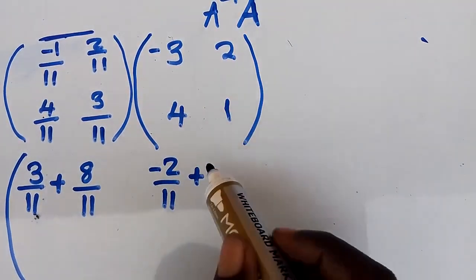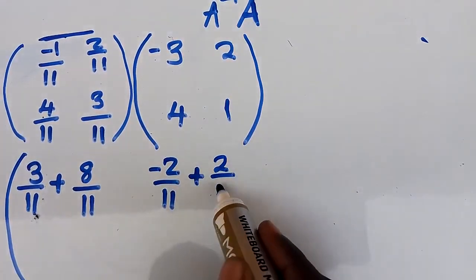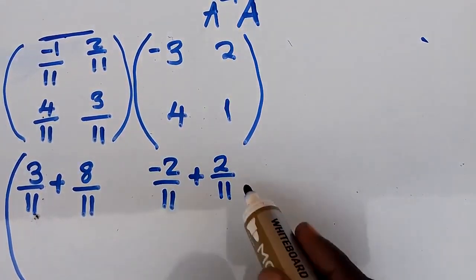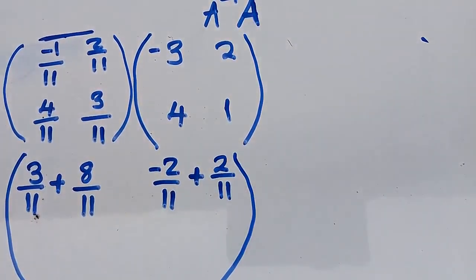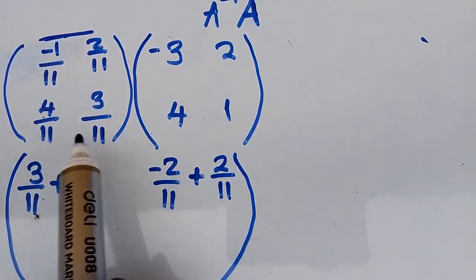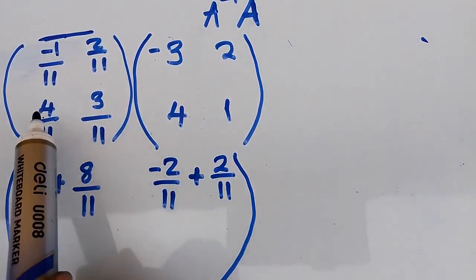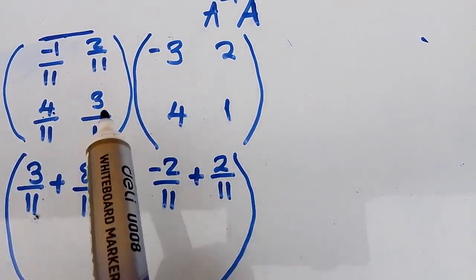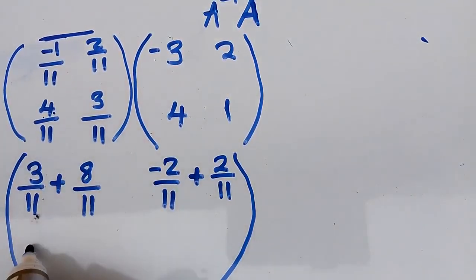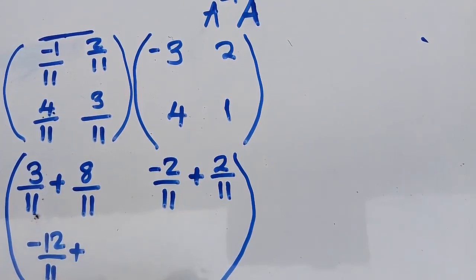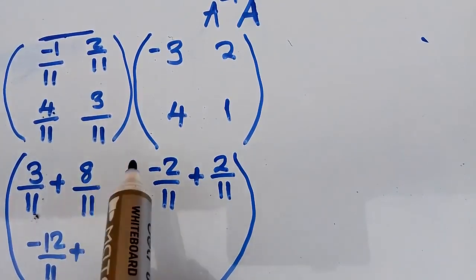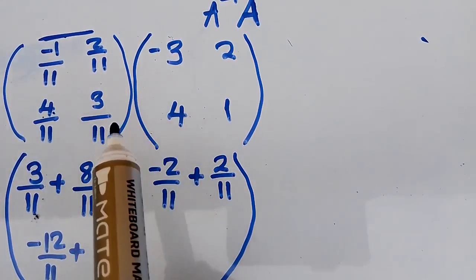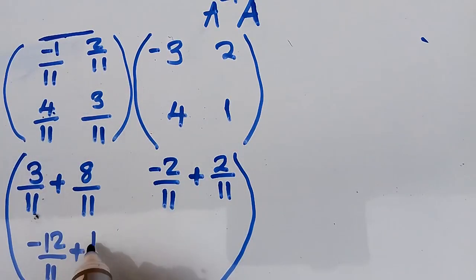It is 2, so 2 over 11. I go down here. What is 4 times negative 3? Negative 12, so negative 12 over 11 plus. What is 3 times 4? 12, so 12 over 11.